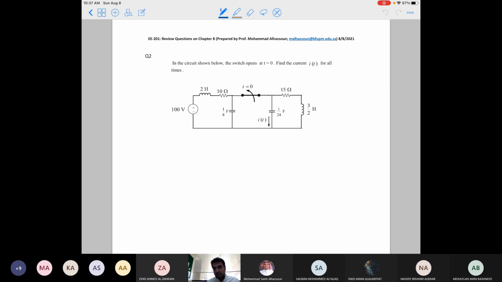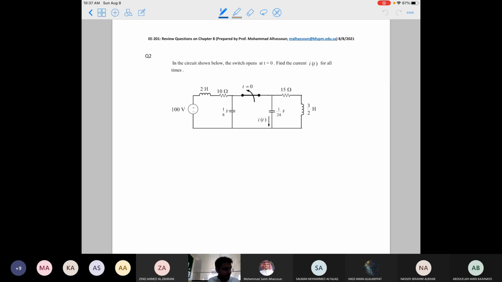The standard way of solving such a problem is to subdivide it into different subproblems. Here we have 2 scenarios: one when the switch is closed, which is the case for t less than 0, and the other when the switch is open, which is the case for t greater than 0.